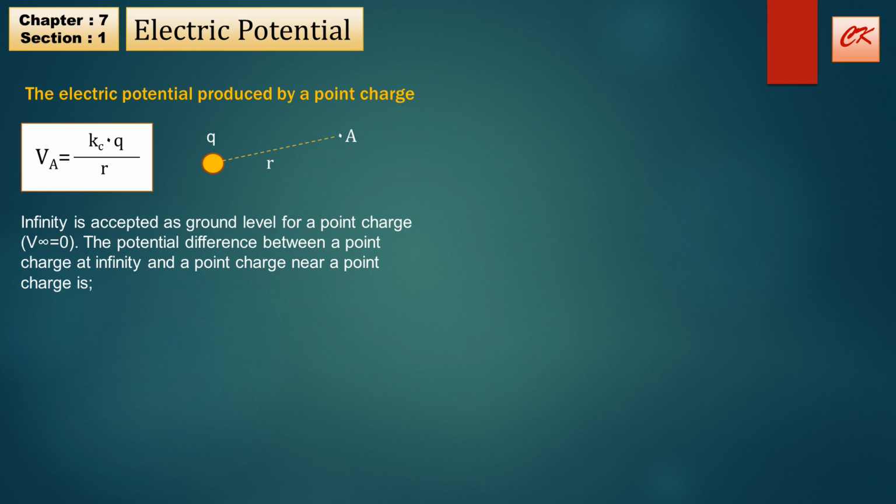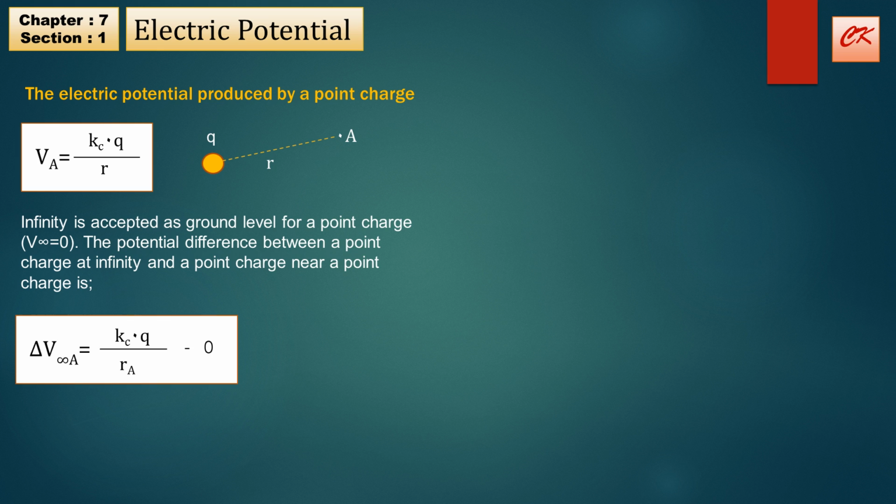This is potential. But when we discuss potential difference for a point charge, in physics we accept that infinity is the ground level of a point charge. The potential of the point charge will be zero at infinity, because R will be infinity here. When you divide, it will be zero.